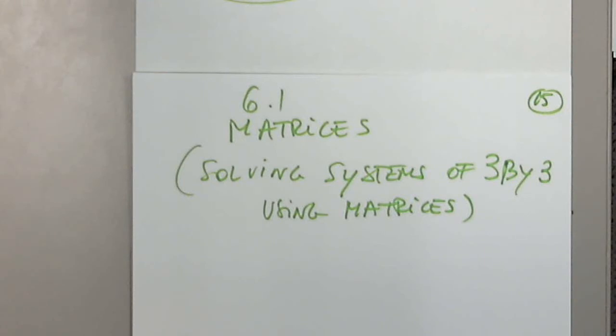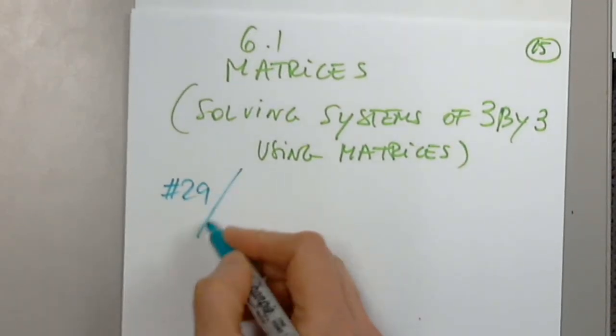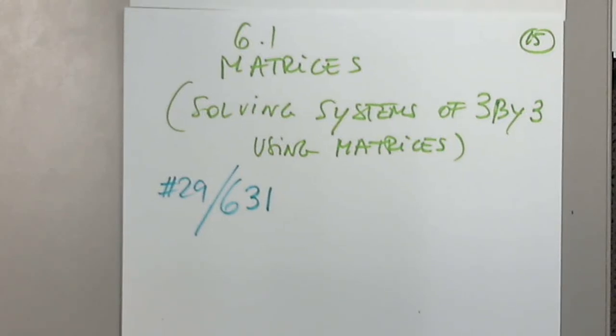I just want to copy a problem like problem 29 on page 631. So what is this? It's a different method, similar to substitution, similar to elimination, but for systems that are more involved than a 2 by 2. 3 by 3, of course, requires more work than a 2 by 2.